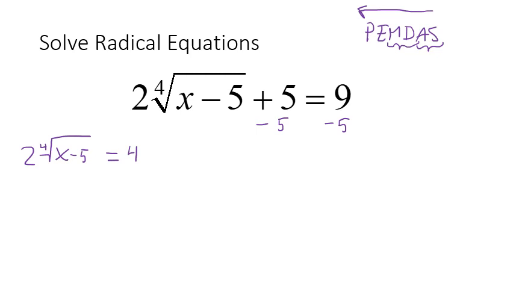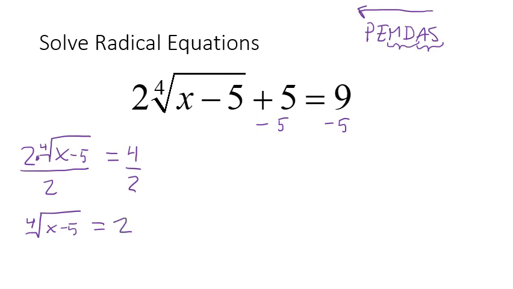Now I'm going to undo any multiplication or division. Well, I have 2 times the fourth root. To get rid of that, I'm going to divide by 2. So I've got the fourth root of x minus 5 equals 4 divided by 2 is 2.